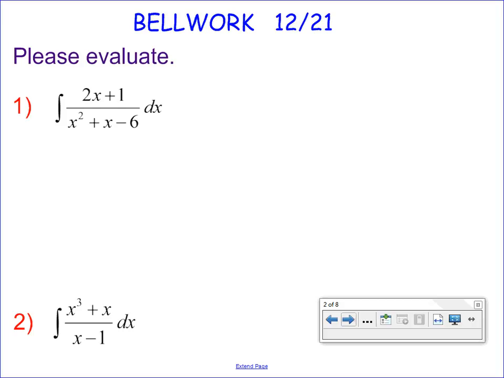So I could interpret this as a quantity on the bottom raised to the first power, whose derivative, 2x plus 1, is present in the numerator. So I don't have to provide a constant, I don't have to cancel anything out, we're all set to go with a natural log rule. So this is simply natural log of the absolute value of x squared plus x minus 6 plus C.